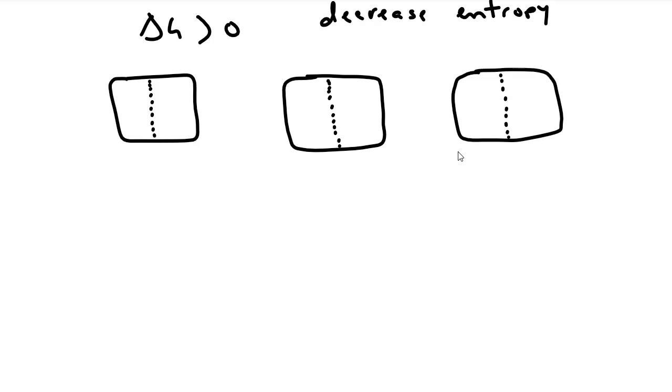So in one instance, everything was on the left-hand side. And the other extreme, everything was on the right-hand side. And in the middle, evenly distributed on either side.